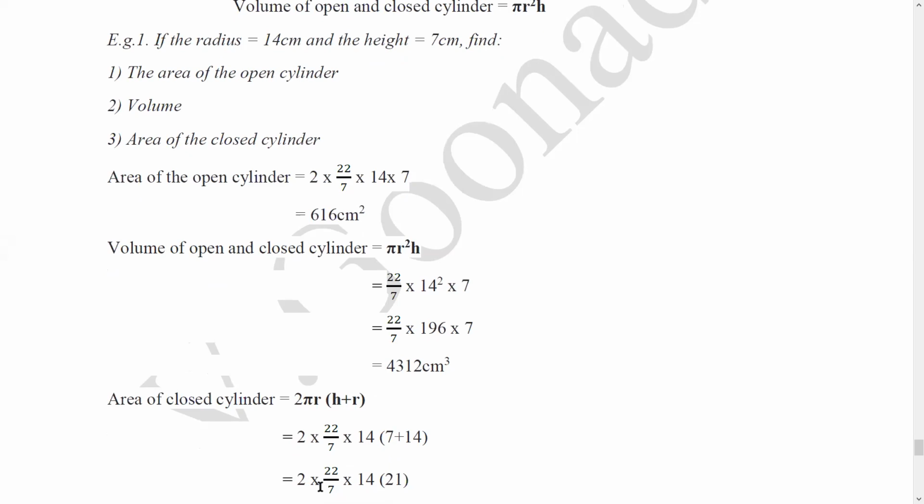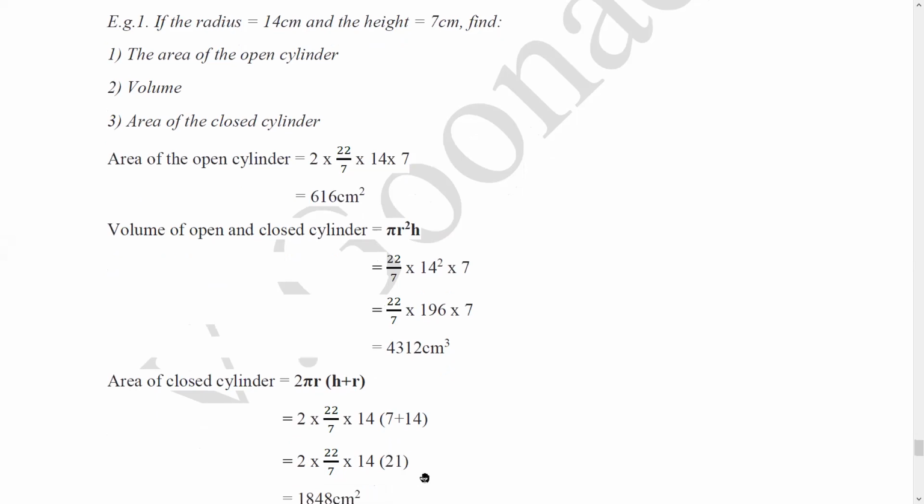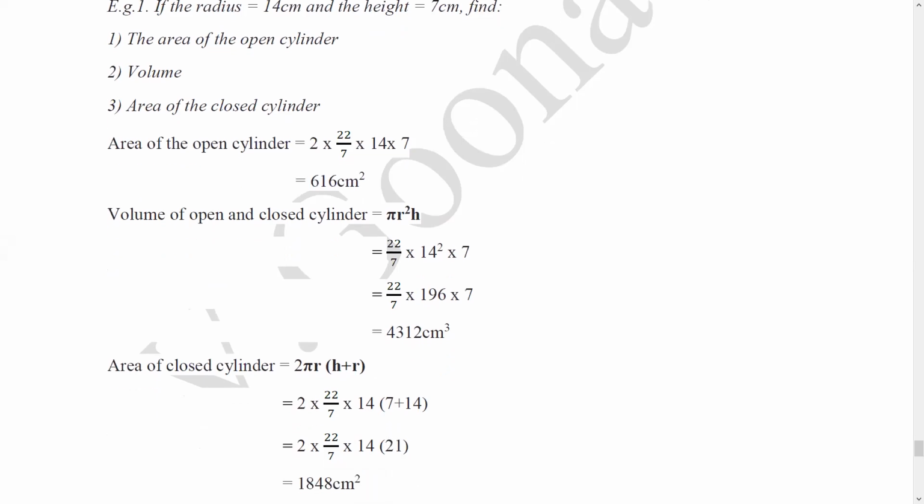So 2 pi r by the sum of the height and the radius, 21. And our answer is 1848 centimeters squared. Any questions?